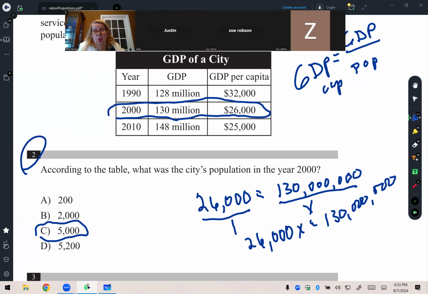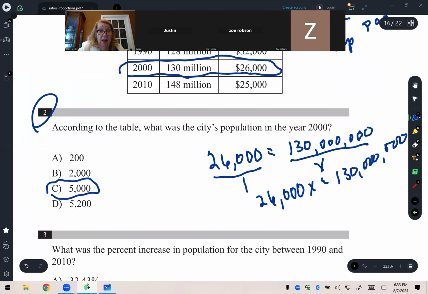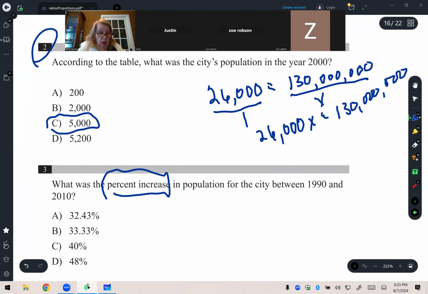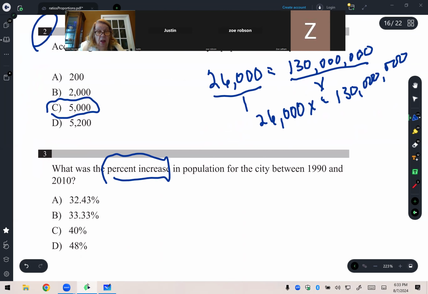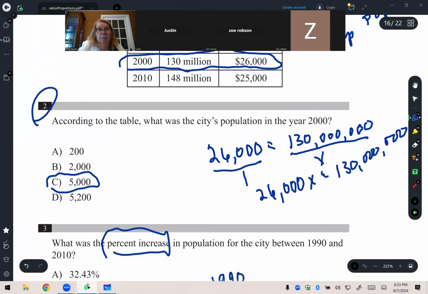I'm going to have you do a book one in a second on this. Okay, so the next one we're going to do, we want to get the increase in population. This would be a hard one. Between 1990, so in 1990, we're going to look at the table again.